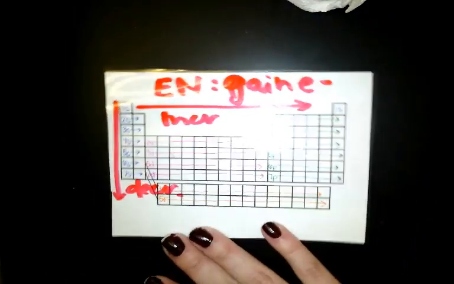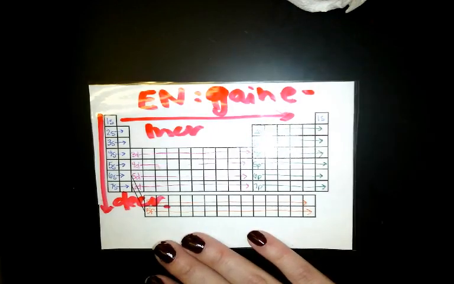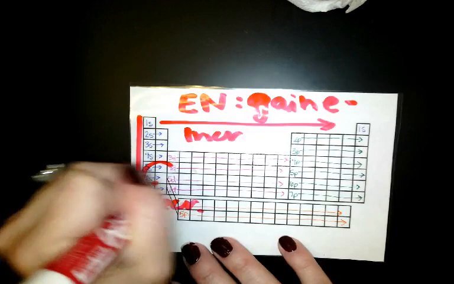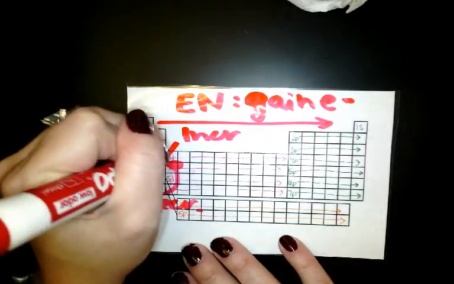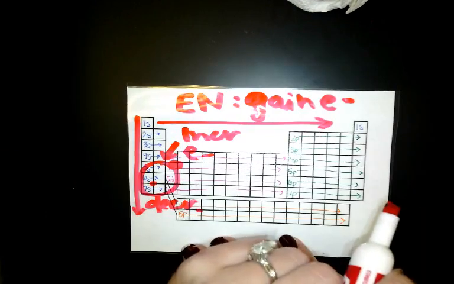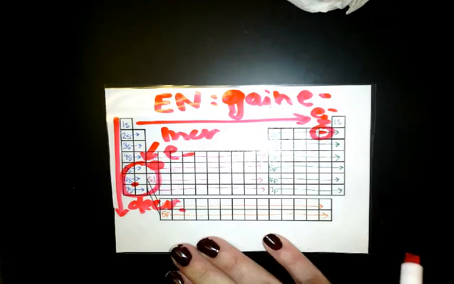Down here, my valence electrons are already really far from my nucleus. It's going to be harder for me to pull another electron from somebody else. Whereas up here, I've got a lot of protons. My electrons are really close to the nucleus, so it's going to be able to pull an electron really easily. Those are the three trends, just a glance over them.